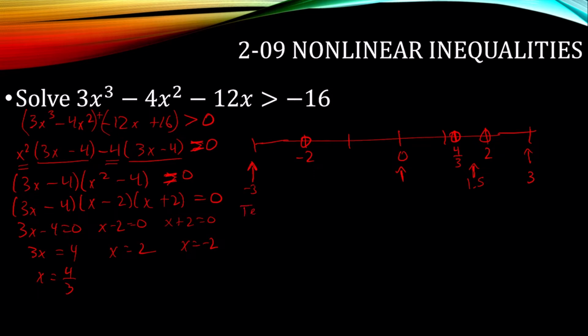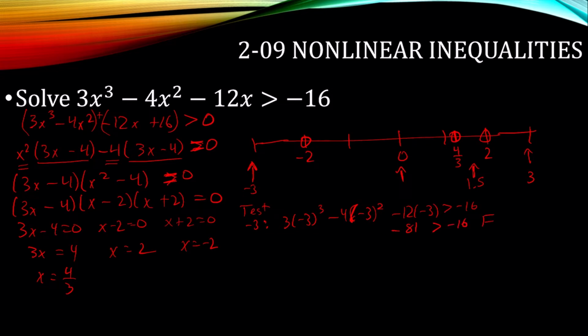So if I test negative 3, plug it into the original. Let's see what we get. 3 times negative 3 cubed minus 4 times negative 3 squared minus 12 times negative 3 is negative 81 is greater than negative 16.